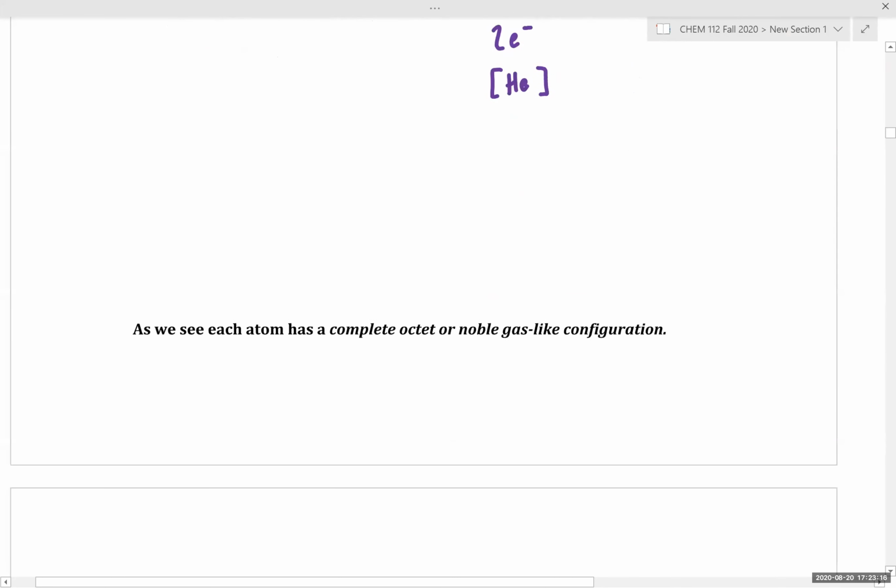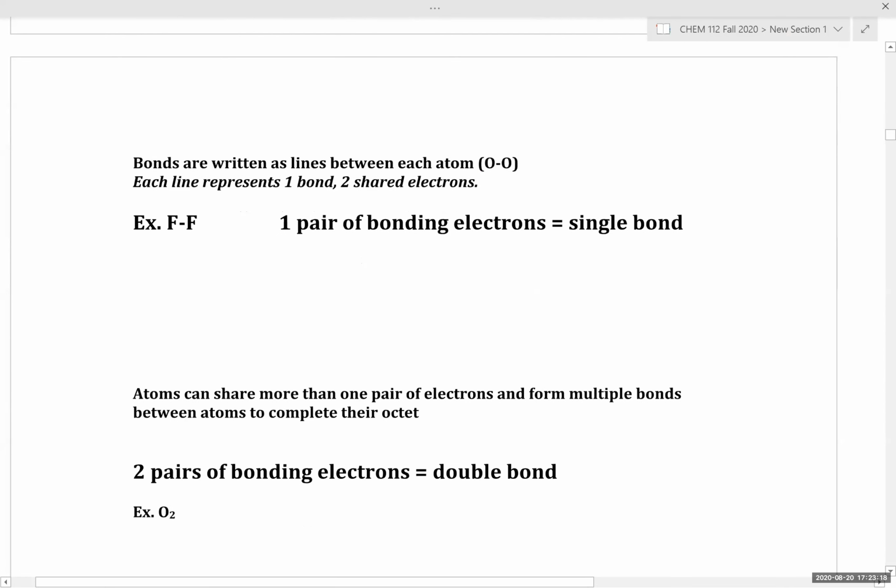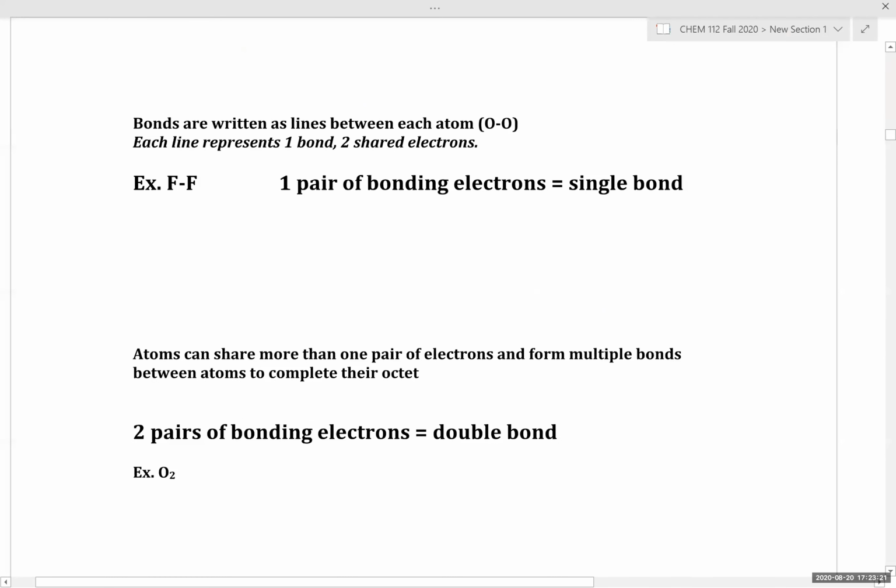Okay, so let's talk a little bit about how bonds are represented. Bonds are commonly written as lines between each atom. One line represents 1 bond, which represents 2 shared electrons. We can have a single bond, which involves sharing 1 pair of bonding electrons.